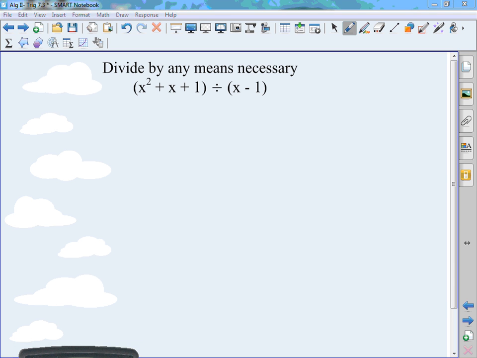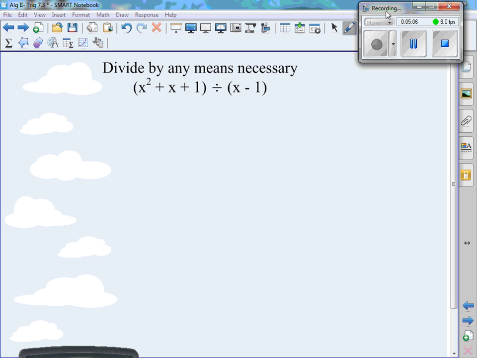If this was an x squared minus 1, synthetic division will not work. Synthetic division only works if it's x minus something as the number out front.